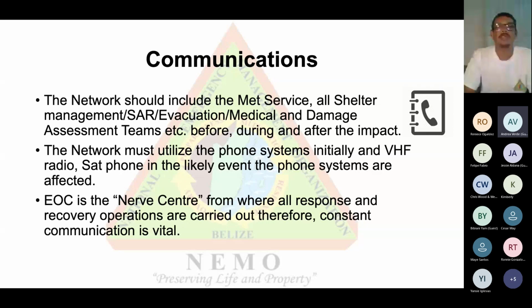The EOC is described as a nerve center, the place where you have command and control. So it's the brain of the whole operation. And this is where you have all the technical people and expertise around the table, trying to respond with the different solutions that we've more than likely already anticipated and worked through.